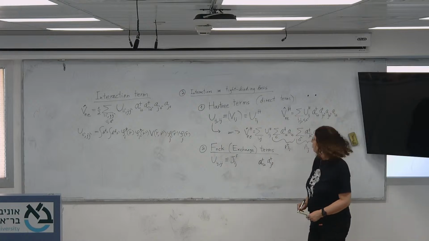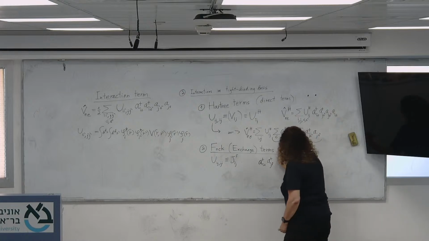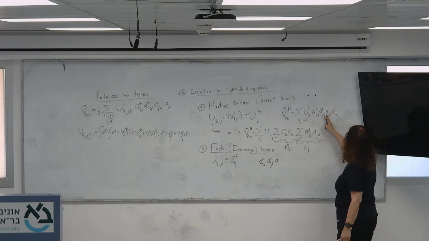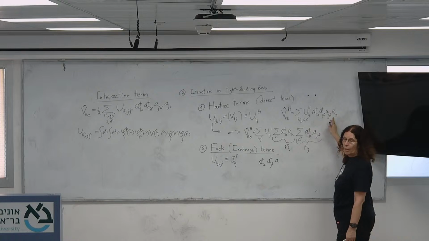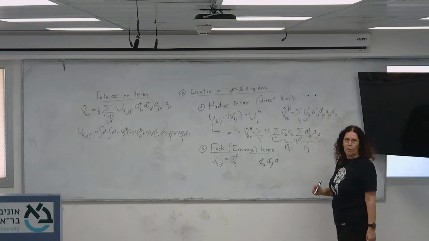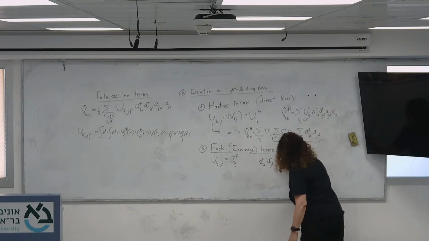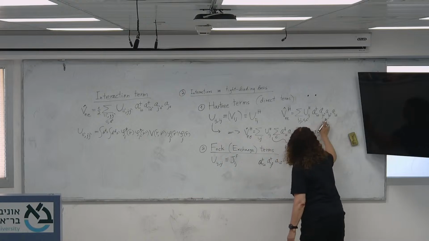Okay? And now, this is the big difference. Unlike here, where we had the aj dagger sigma prime and a also with the same quantum number, now for each spin, I exchange the i and j of the last two operators. So it looks like this.